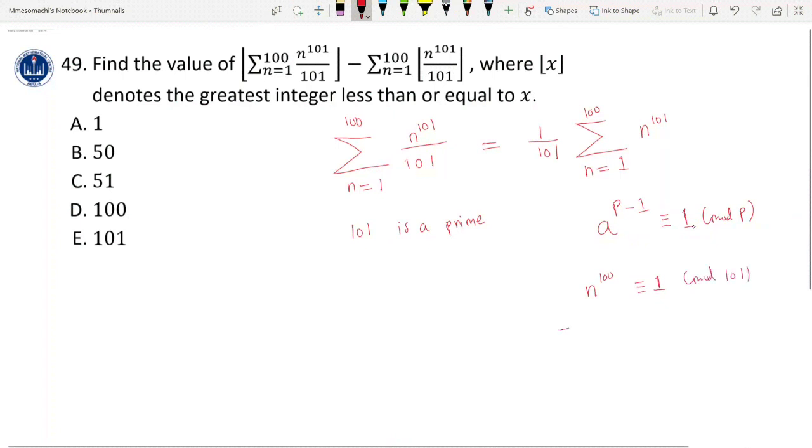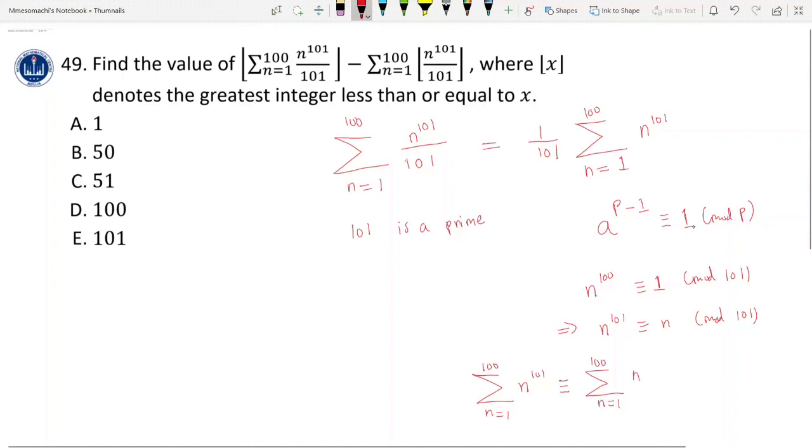And so it implies that n to the power 101 is congruent to n mod 101. Okay, so it means the summation from n equals 1 to 100 of n to the power 101 is equivalent to the summation from n equals 1 to 100 of n.